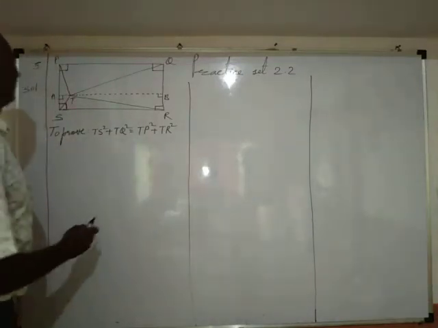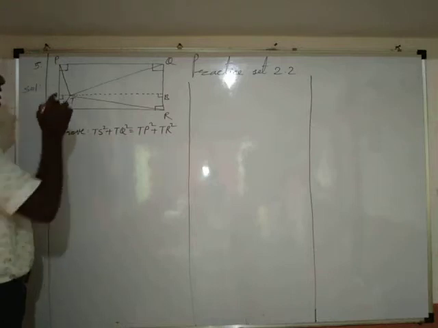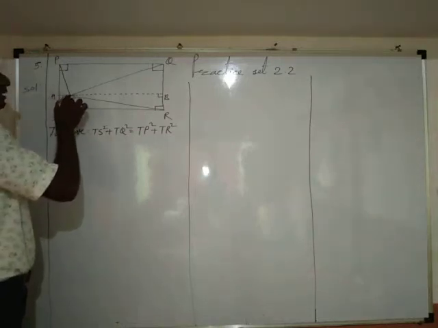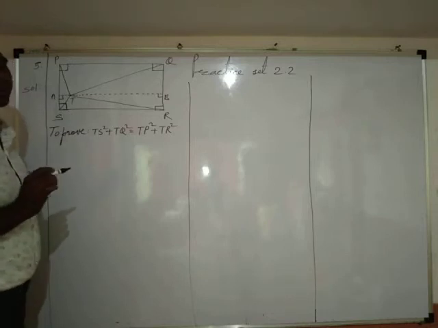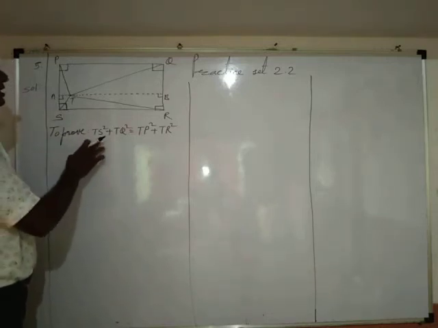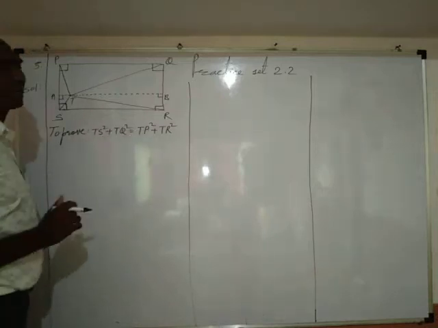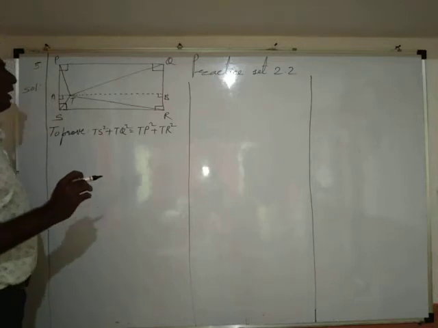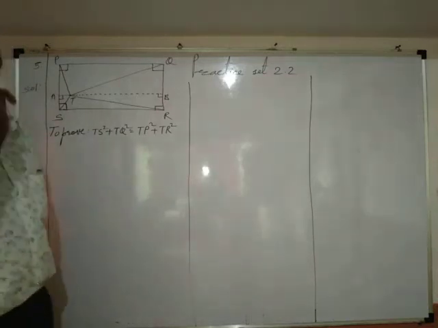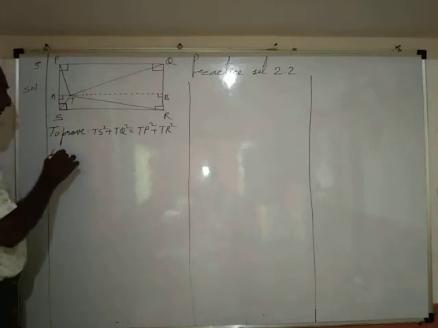Here you may note quadrilateral PQRS is a rectangle and T is any point in the interior of rectangle PQRS. To prove: TS square plus TQ square equals TP square plus TR square. And he gave a statement in a bracket that we are going to use as construction.